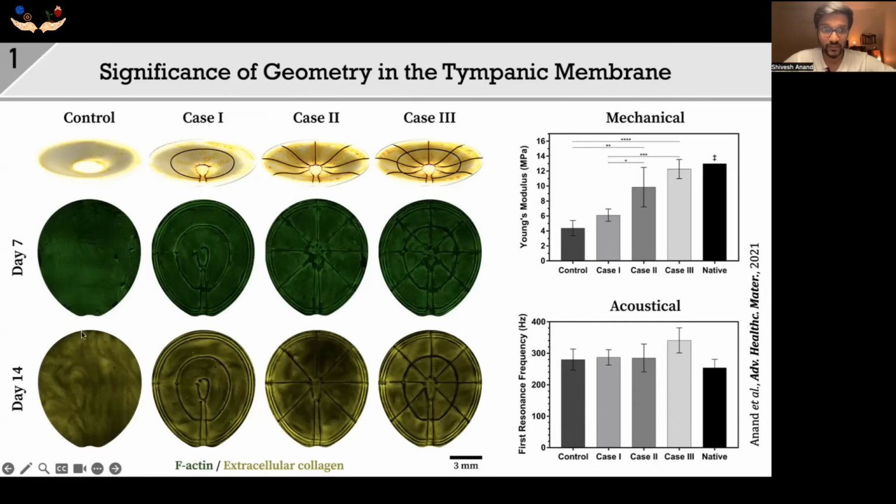And by day 14, these cells started to produce their own extracellular collagen, which was aligned along the radially and circumferentially fabricated tympanic membrane constructs. Based on these studies, we concluded that geometry plays an important role within the tympanic membrane scaffolds.